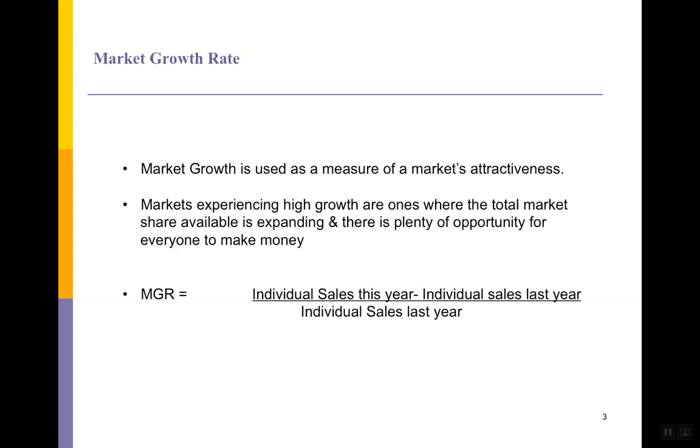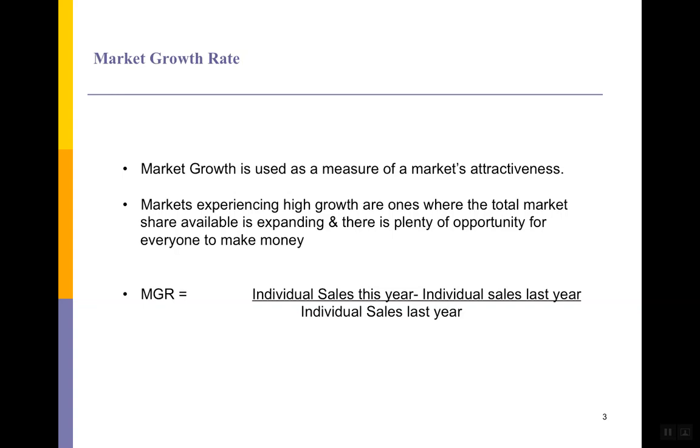Market growth rate is used as a measure of market attractiveness. Markets experiencing a high growth rate are the ones where the total market share available is expanding. There is plenty of opportunity for everyone in the market to make a certain kind of money.